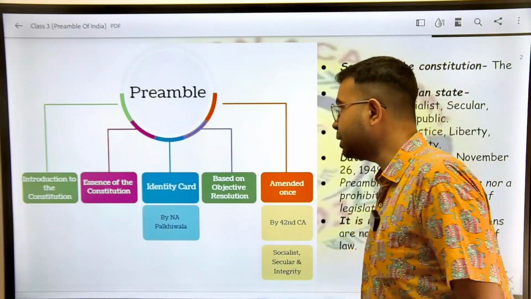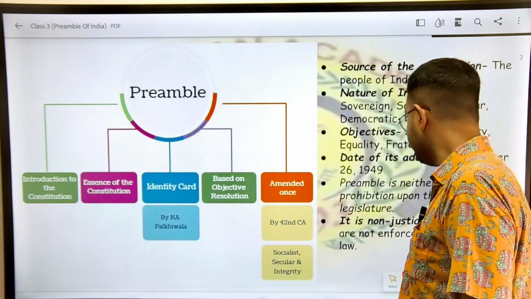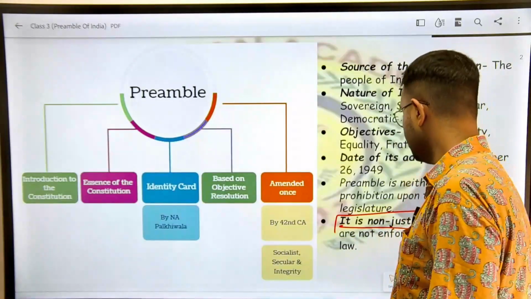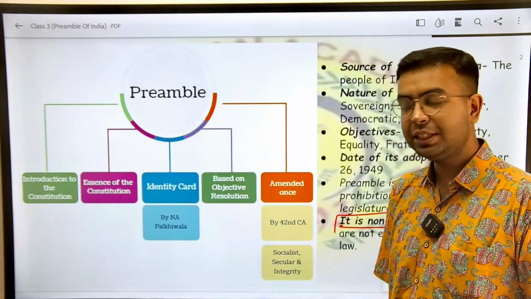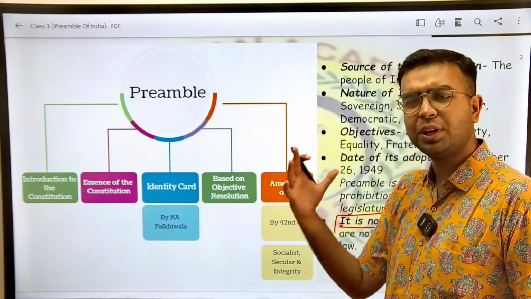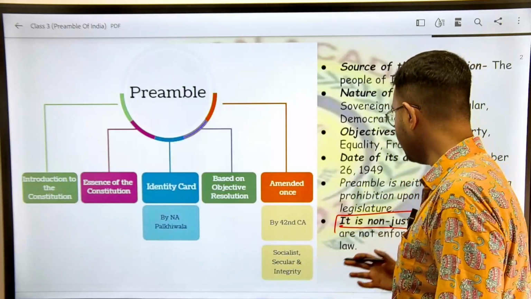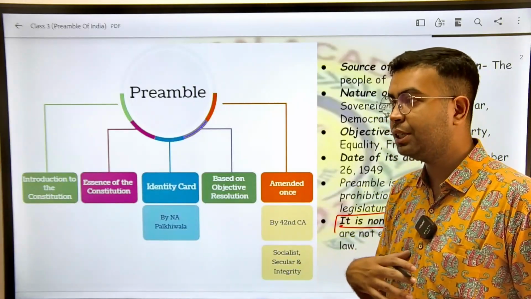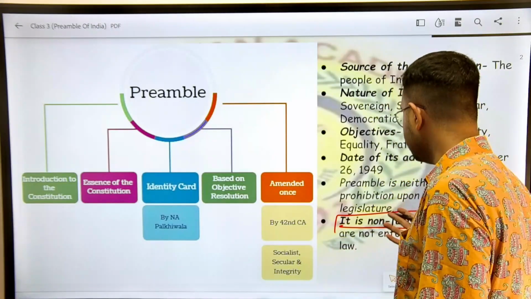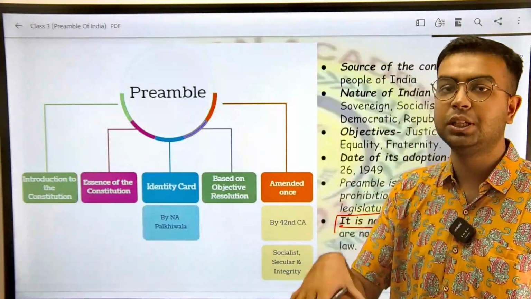Also, another important point about the preamble is that the preamble is non-justiciable in nature. Now, what does it mean? It basically means that when a court, Supreme Court, High Court, whatever, is passing its judgment, the court cannot use the preamble to enforce its judgment.